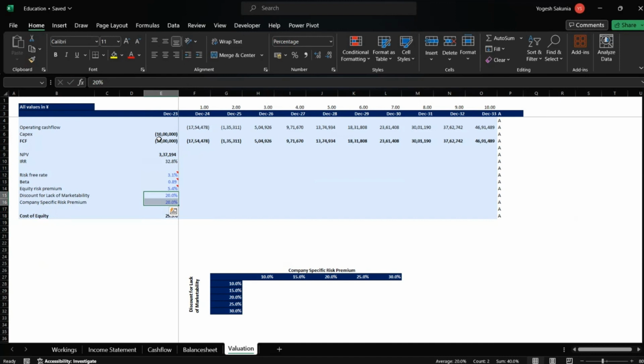So they will ask for a premium in terms of the return expectation. Similarly, because it is a small company being run by a few people, we don't know how the management is. So on top of whatever equity risk premium is there for this particular set of business, we are putting in more premium for that, right?